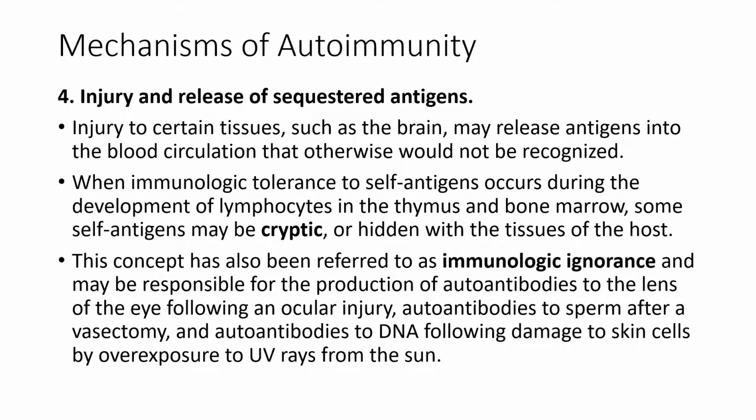So the blood antibodies don't really have much circulation or exposure to that. But if you get injured, and say the protein of your eye lens gets released into your bloodstream, this can then cause or initiate an immune response, and you end up with an autoimmune disease.